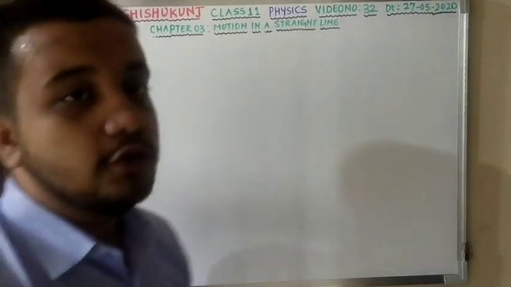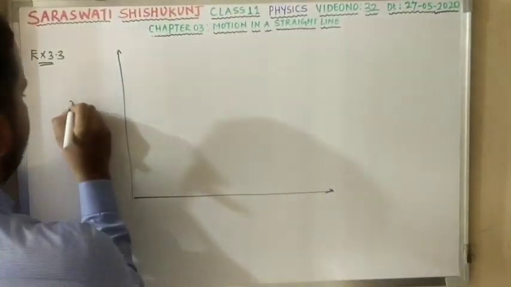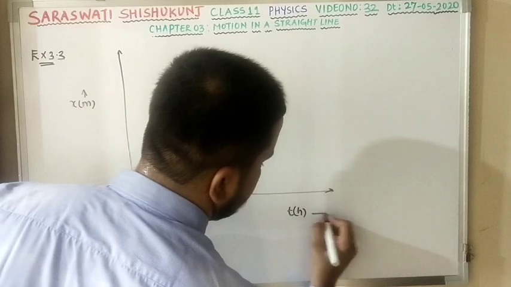Now if somebody asks you to plot the x-t graph for the same, how are we going to plot it? Very simple. X is in meters, t is in hours.